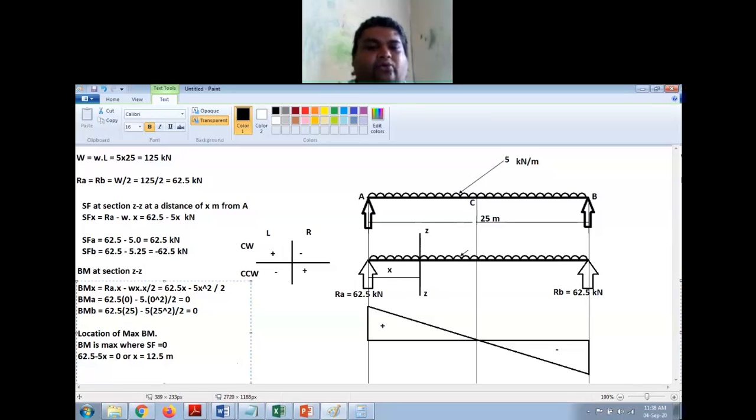And what is the magnitude of that? I've taken that point as C. BM at center C is equal to, where is the bending moment equation? It is here, 62.5 into x is 12.5 now, minus 5 into 12.5 square by 2, right?